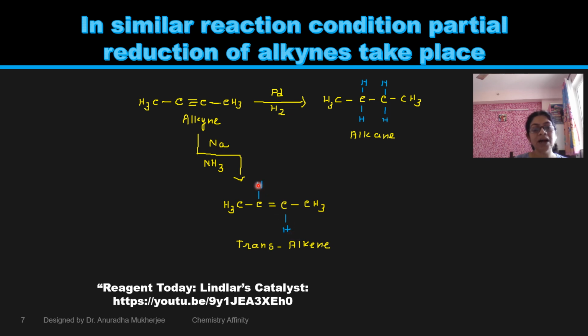Here you can see the hydrogen addition takes place at anti positions, so the trans alkene is formed. Now if we want to make a cis alkene from an alkyne, we need Lindlar catalyst. Sodium and ammonia will give you the trans alkene from the alkyne and Lindlar catalyst gives you the cis alkene from the alkyne.